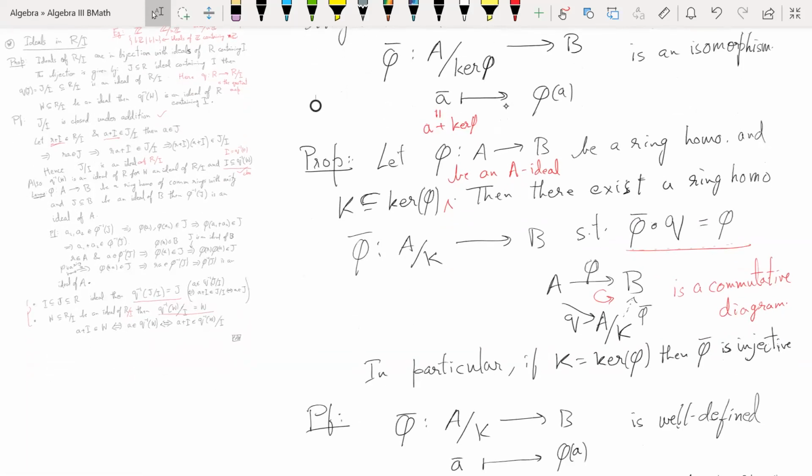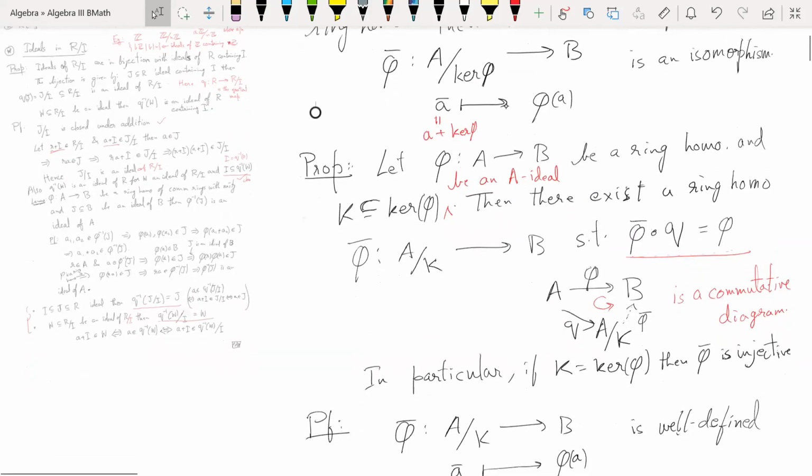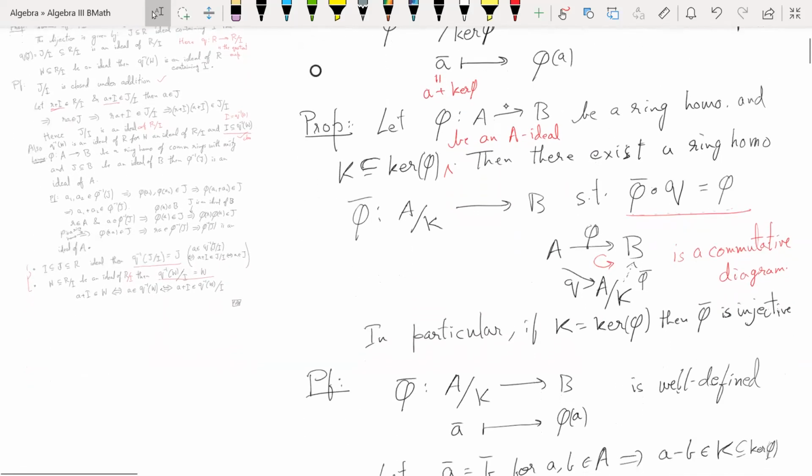I've already told you what phi bar should look like in the statement of the first isomorphism theorem: A bar should go to phi of A. But one has to show that this is well defined, because we are looking at a coset and defining the map in terms of a representative of the coset.